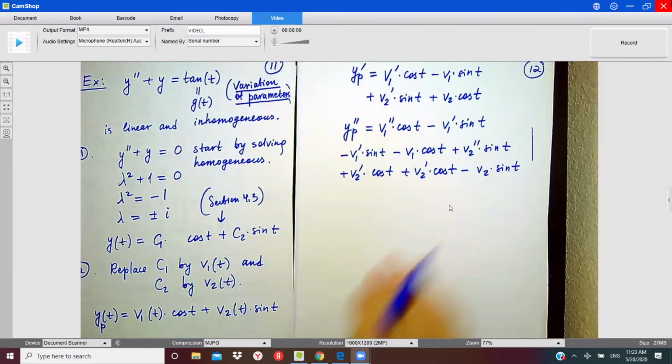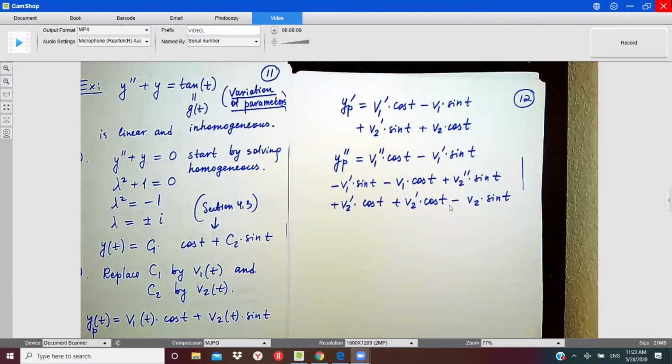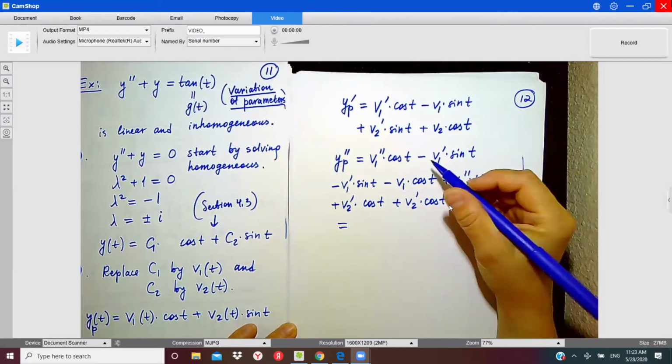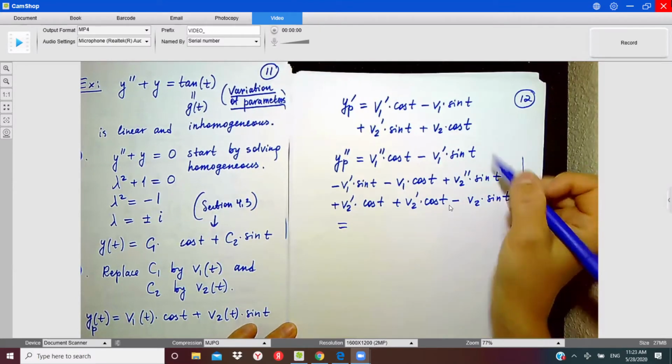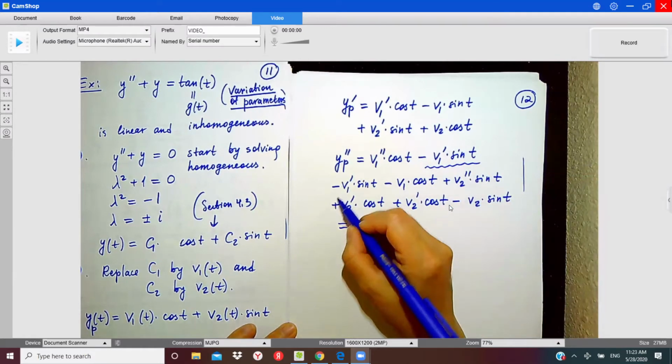So let's examine the second derivative. Can we cancel anything? We're supposed to cancel a couple of terms. Can you tell me which terms to cancel? Actually, we can combine some terms. I see this one and this one can be combined.